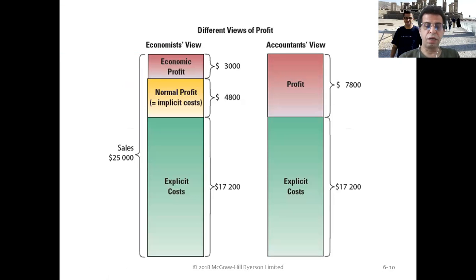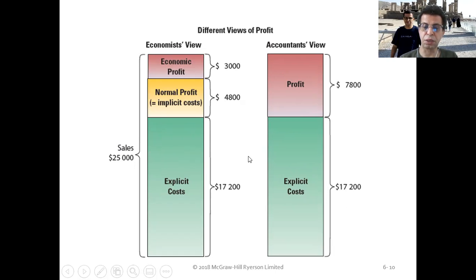And if you look at it here, another example to look at it differently, say in the accountant view, your revenue is 25,000, your explicit cost 17,200, so you end up with a profit of 780. On the other hand, in the economics view, you're still investing 25,000.